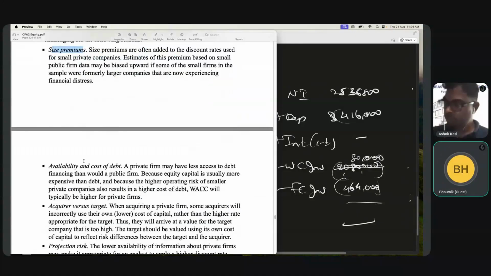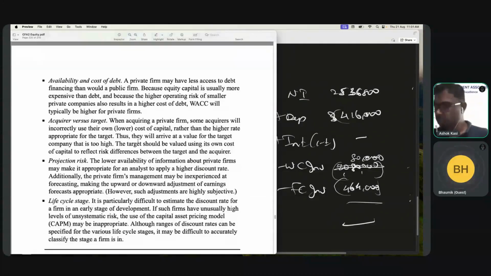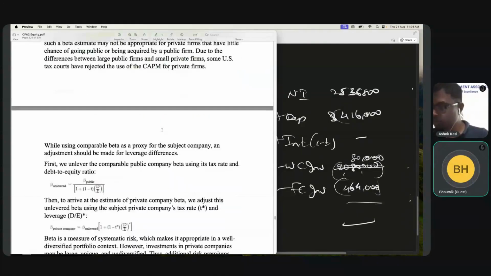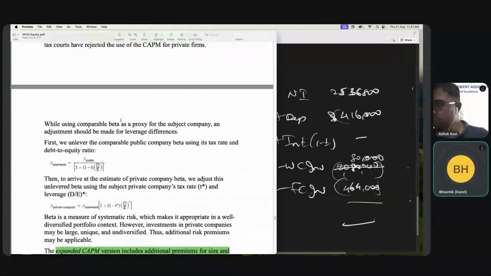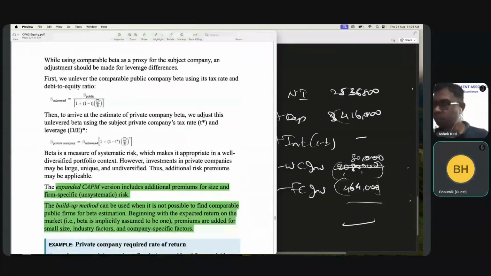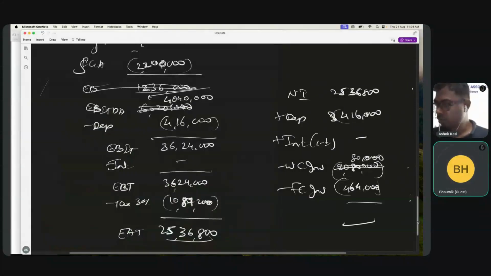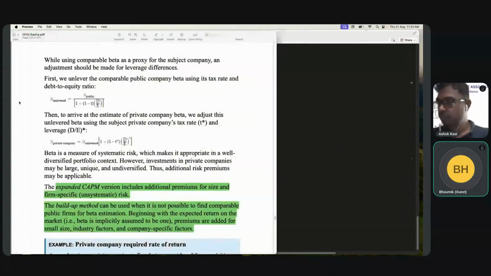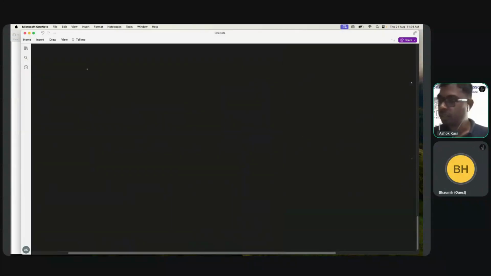These are all the reasons why discounts can be applied. Again, theoretical. Then this is the formula, levered and unlevered. It is covered in your financial modeling. Okay, fine, but from my side I'll quickly tell you.